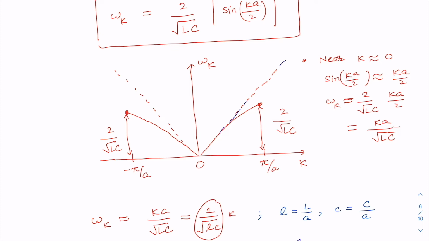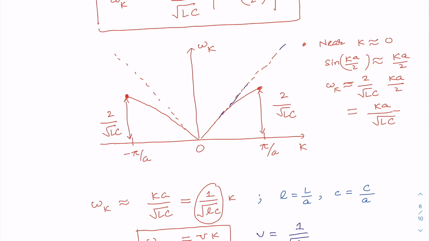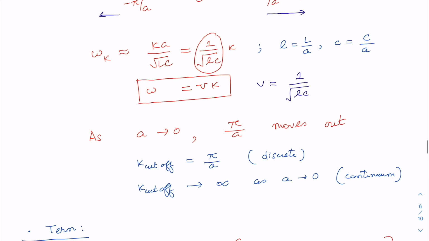And as we go to the continuum domain, you see as a tends to 0, this pi by a goes in the outward direction on this side, and similarly this goes to that side. So that actually means that for the continuum case, the cutoff wave number would tend to 0.